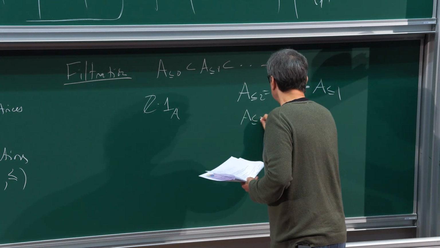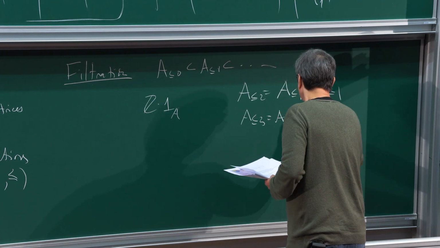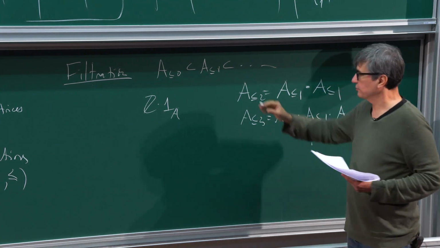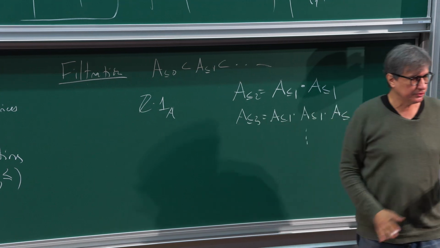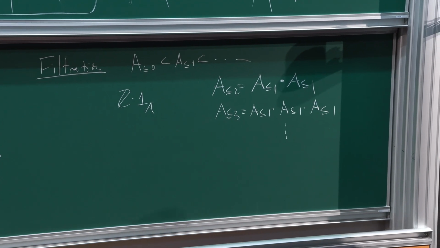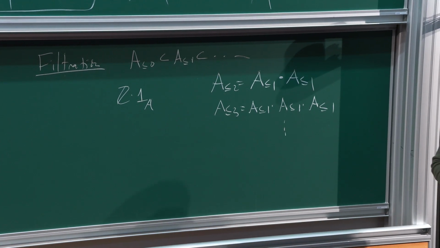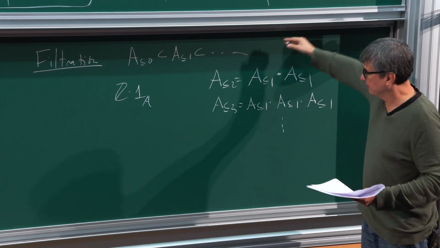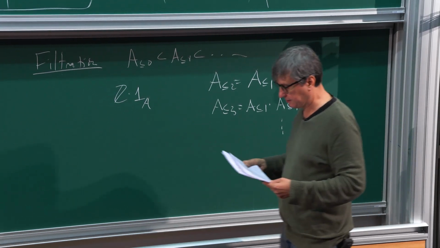And A_{≤3} will be A_{≤1} multiplied three times, and so on. So A_{≤1} will be a certain subspace of the algebra of functions which generates the whole algebra of functions, and it eventually exhausts the whole space.